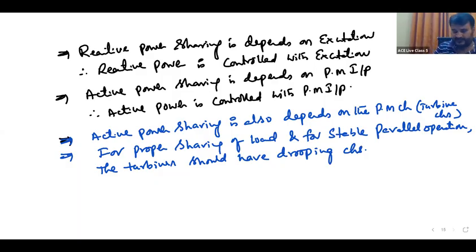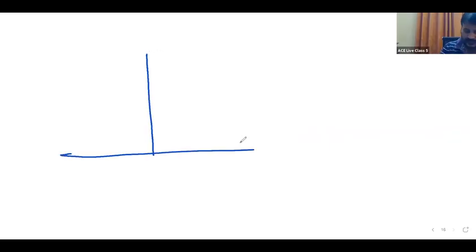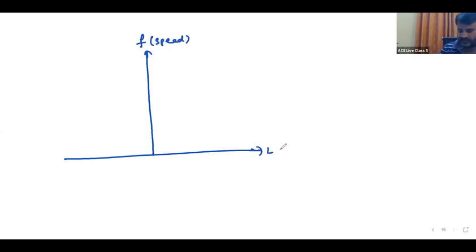Drooping means like this. This axis is frequency, or speed also, and this is the load.